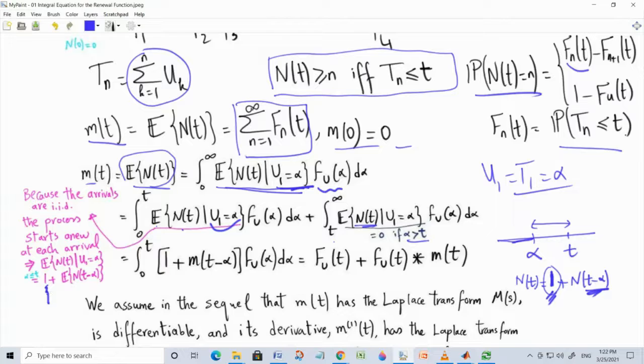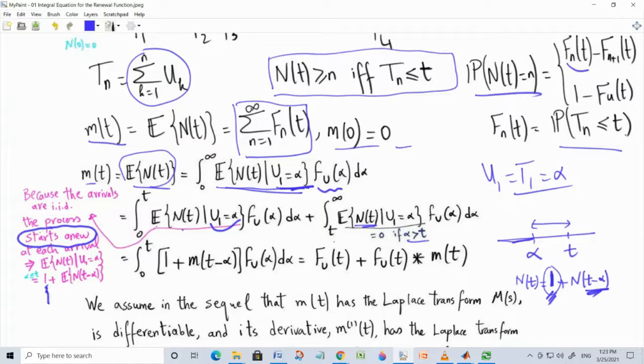And then after that, things become independent, as if the process starts anew. That's the reason it's called a renewal process. Immediately after the event, it's as if things are starting again.